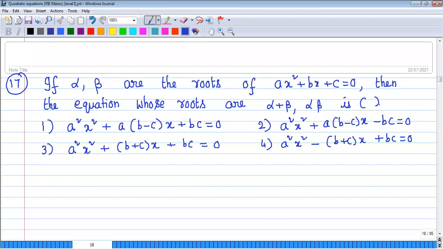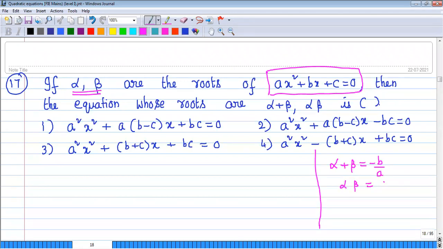So that means we need to find out a quadratic equation whose roots are alpha plus beta and alpha beta. Already alpha, beta are the roots of ax square plus bx plus c is equal to 0. So we can write alpha plus beta is equal to minus b upon a, it's a formula, and alpha beta equals to c upon a.